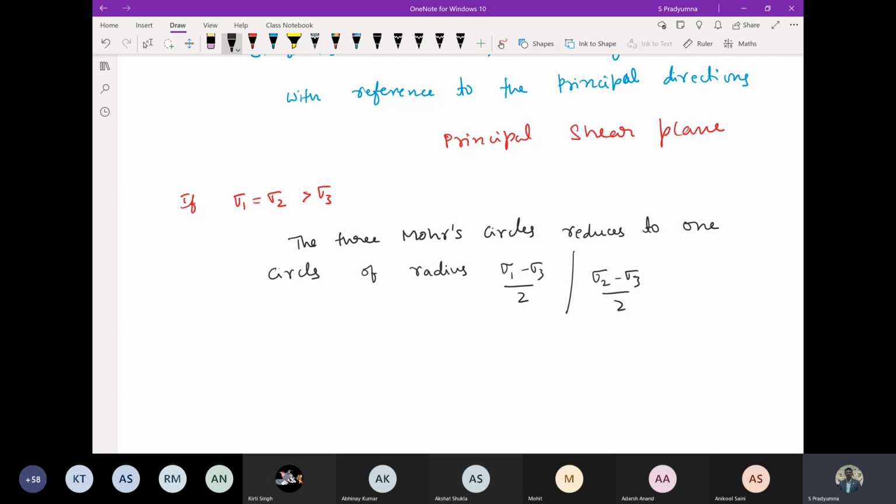So this is the radius of the circle. And the center is at sigma 2 plus sigma 3 by 2, or sigma 1 plus sigma 3 by 2. So these are the values of maximum shear stress and the associated normal stress corresponding to the maximum shear plane. Okay.